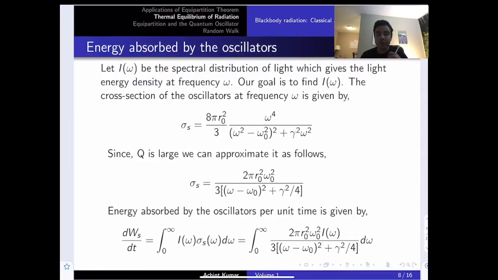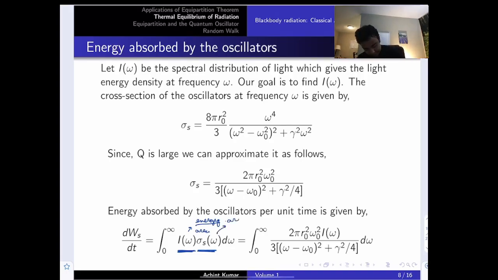Now the energy absorbed by the oscillators per unit time would be the energy density at a frequency omega times the cross section of absorption. So this is energy per unit area per unit time, and this is the energy per unit area at frequency omega, and then this is the cross-sectional area.